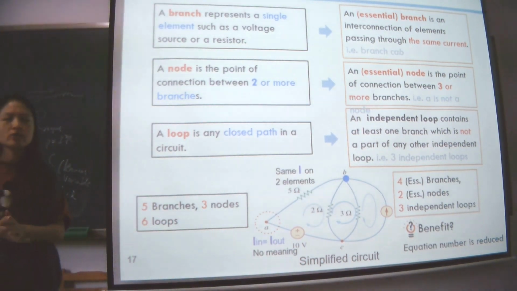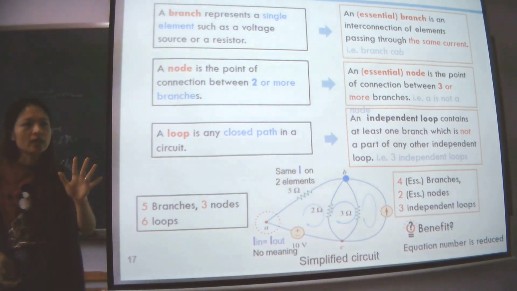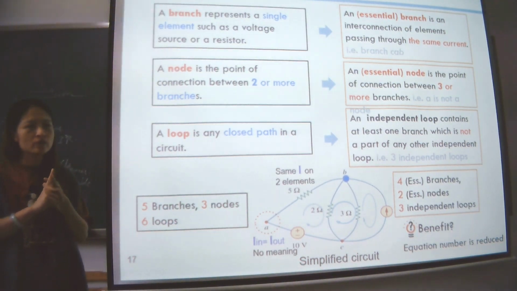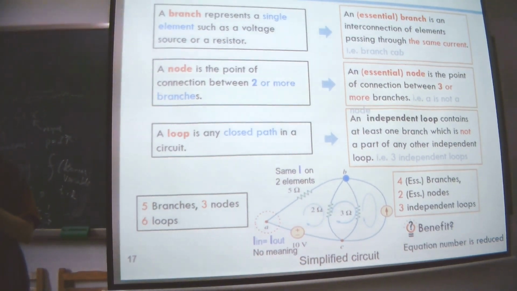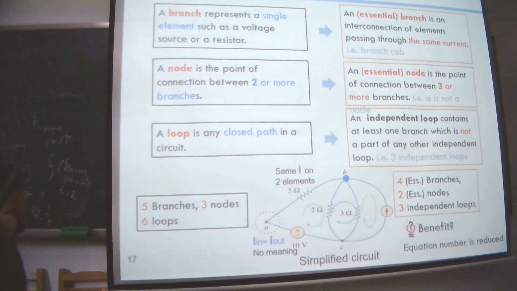If you have an equation array with 5 equations and another equation array with 10 equations, which one do you prefer? 5. Yes, so if we use this one, you might get 10. If we use this one, it reduces to 5. So that is the reason we say this one is better.